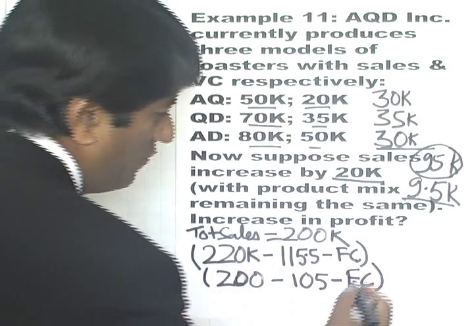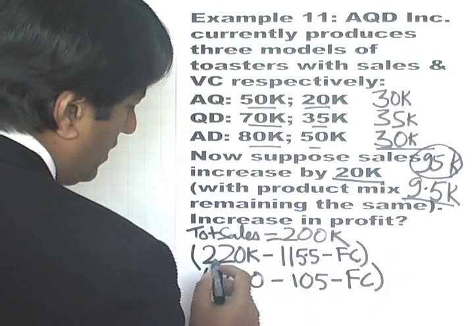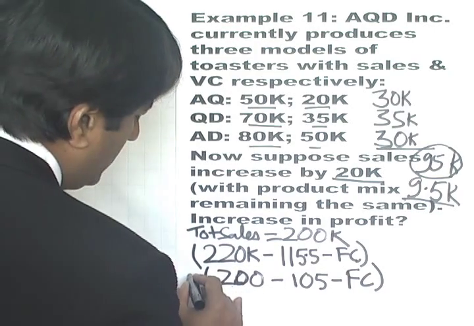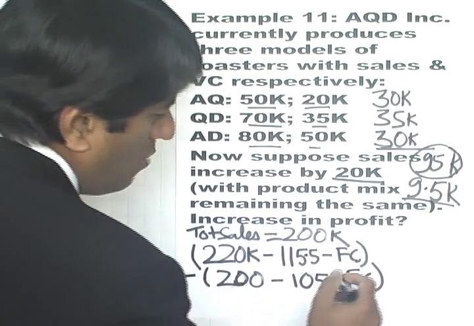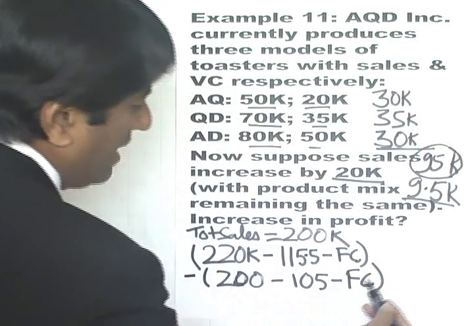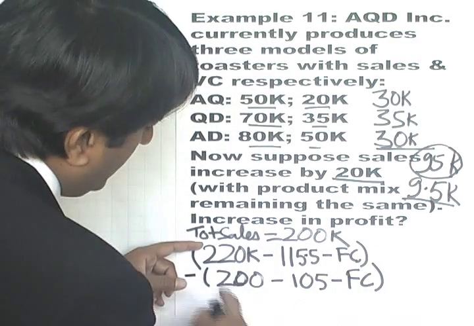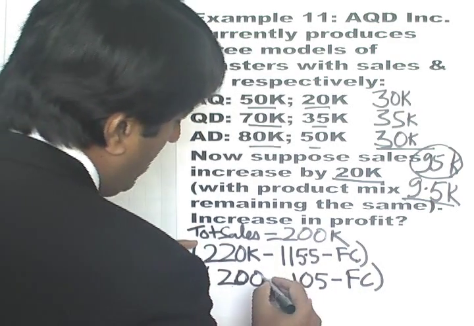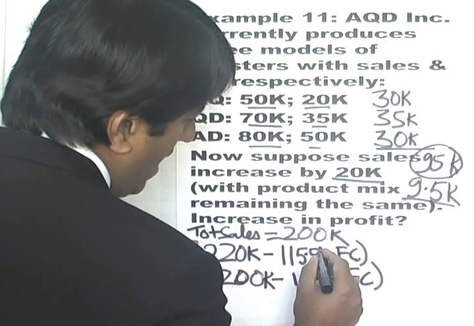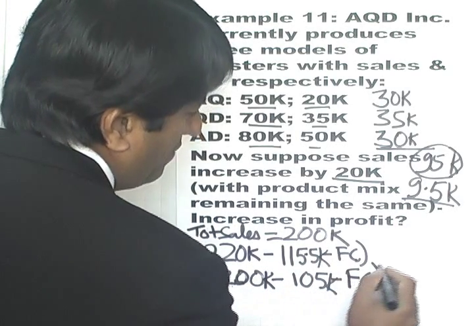So you want to find the change in profits. You subtract this from this. Now fixed costs and fixed costs cancel out, and what you have left is 220 minus 200K and 115.5 minus 105K.